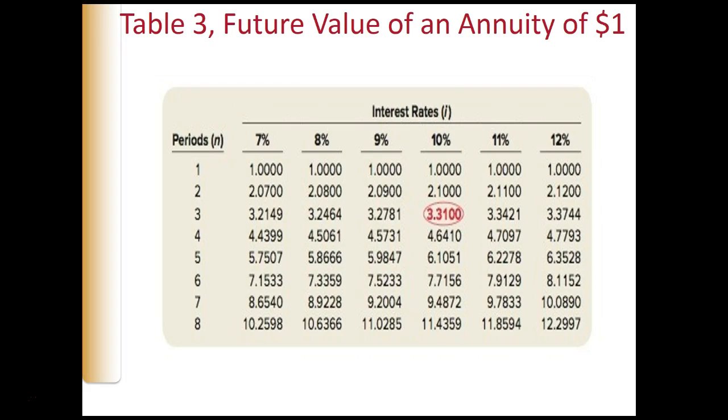This is Table 3. We calculate the future value of an annuity, FVA, by multiplying the annuity payment by the factor corresponding to 3 periods and the 10% interest rate. This is the factor we would use.